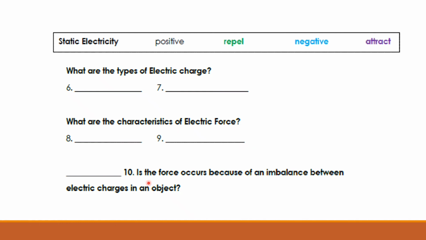What do you call that initial reaction when you touch the metal part of the doorknob? The force that occurs because of an imbalance between the electric charges in an object.